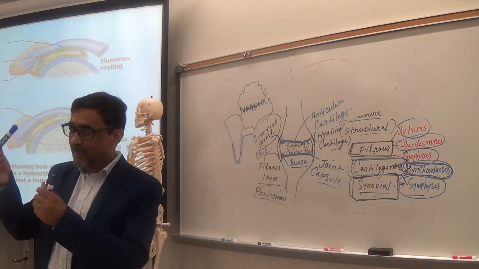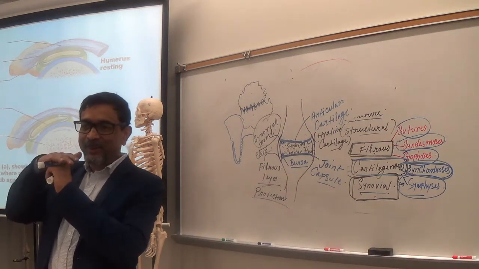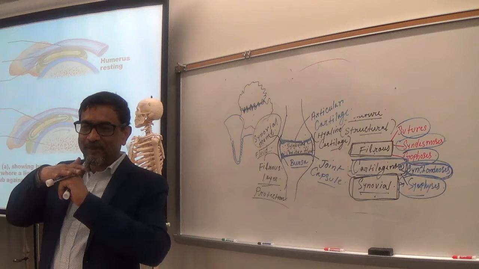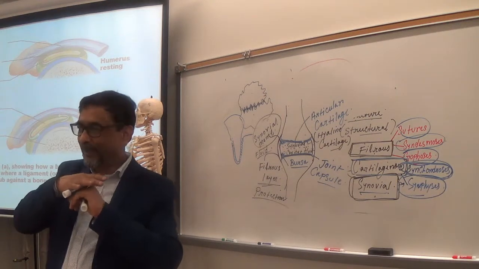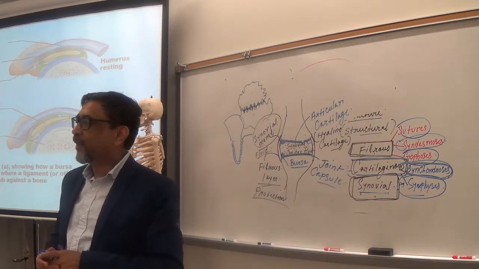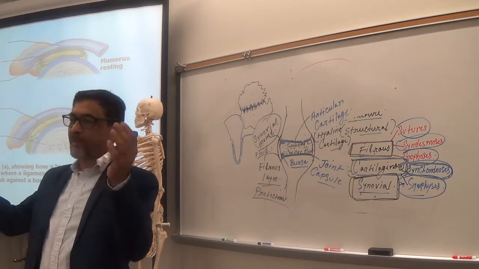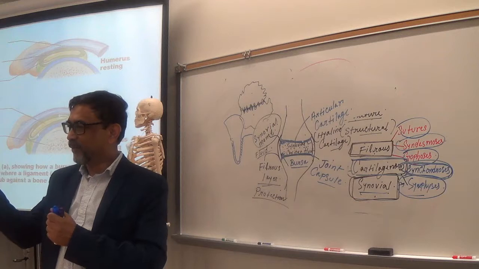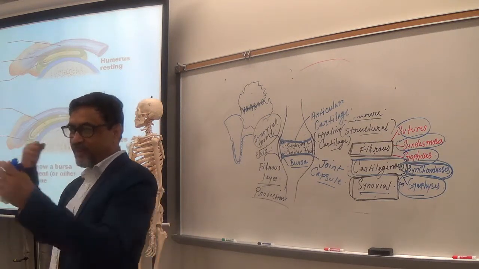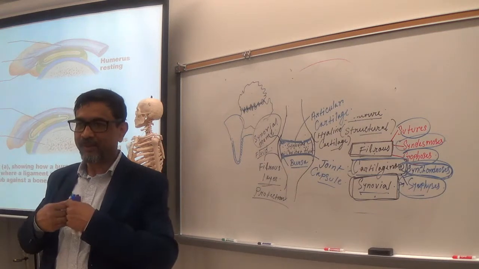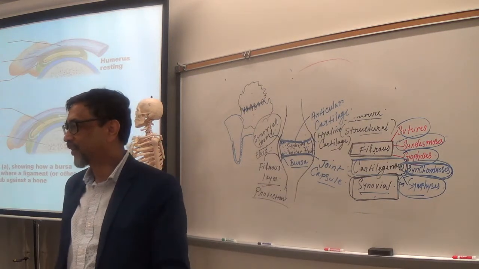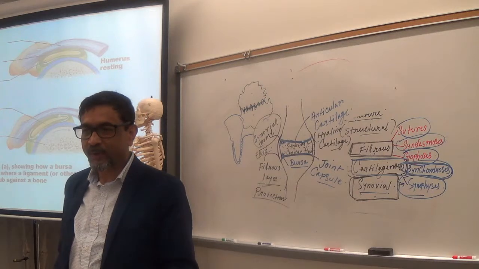Now if inflammation occurs in a bursa, then what will happen? If you want to move, you will feel pain, right? And the movement will be restricted, right? Sometimes a bursa can burst, because these are fluid-filled sacs, right? If something hits strongly, that can rupture the bursa. The bursa bursts, so fluid will come out, inflammation will occur, right?